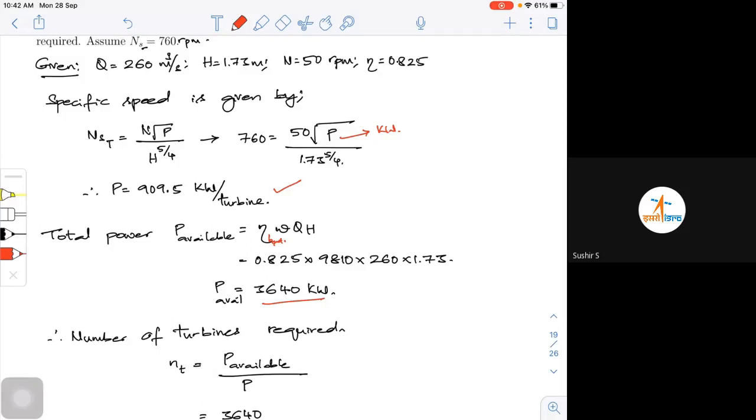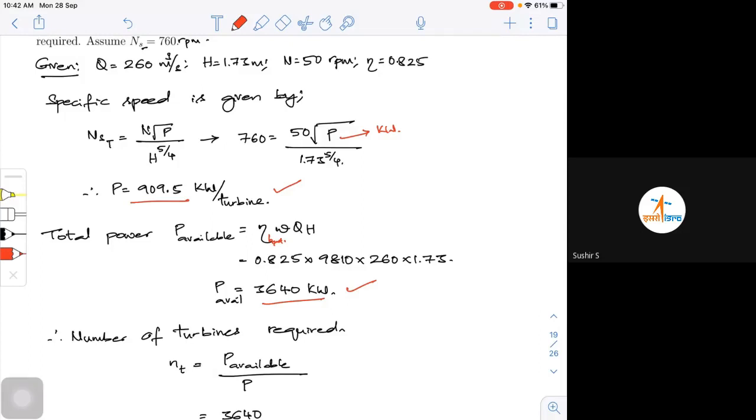So your efficiency is around 0.82, or 80% or 85%, multiplied by omega QH, I get my available energy. Now I have around 3640 kilowatts of energy, but I have a prototype or some kind of a turbine which is producing only 909 kilowatts.